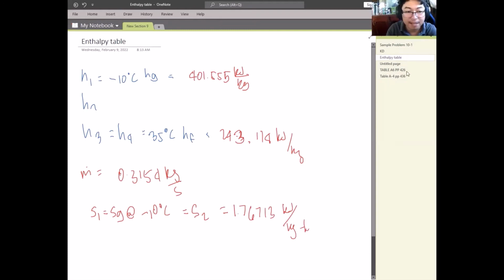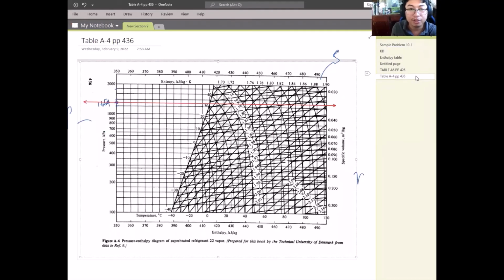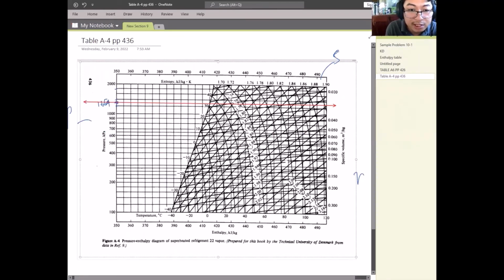Now we can plot that in table A4. So 1.767, we have 1.76 and 1.78. My brief estimation is that 1.767 is in the middle of that.